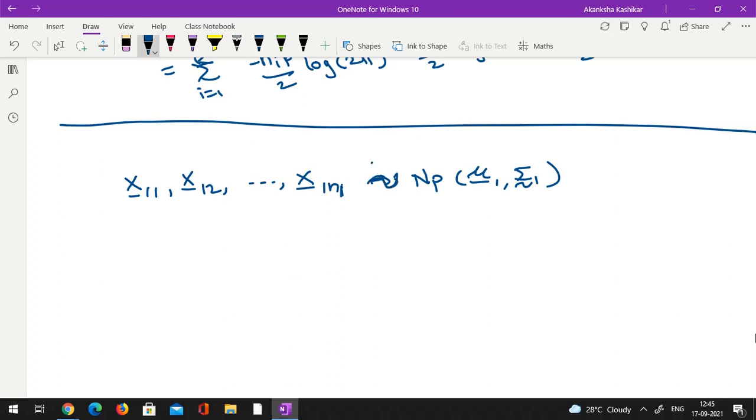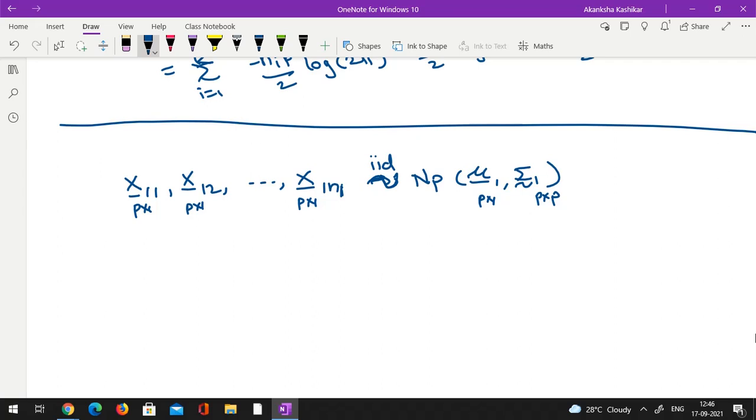In your familiar terms, these are IID N_p(mu_1, Sigma_1). Mu_1 is p cross 1, Sigma_1 is p cross p, and each of these observations is p cross 1. So this x_11, x_12, up to x_1n_1 is a sample of size n_1 coming from a p-variate normal distribution with mean mu_1 and variance covariance matrix Sigma_1. Is this line okay?